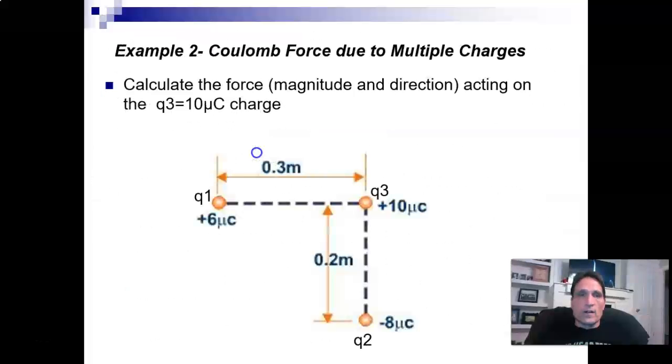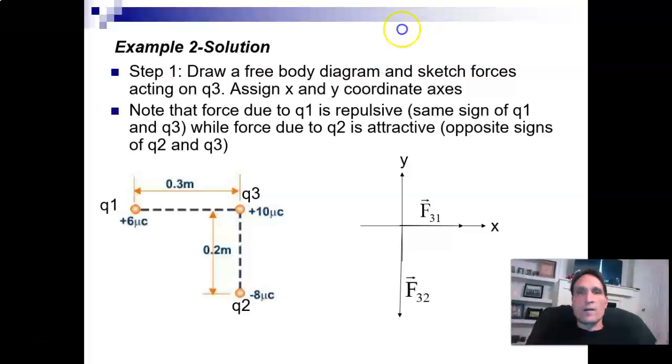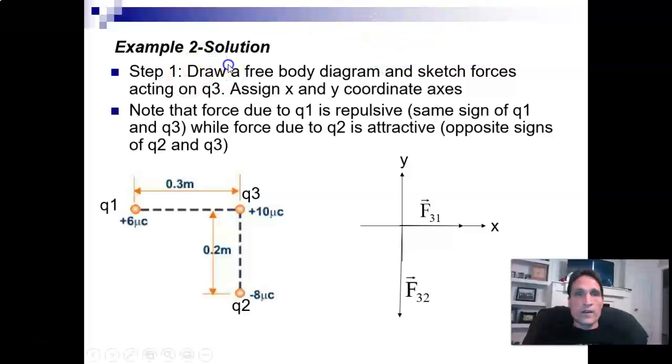Okay, so let's start. The first step is to draw our free body diagram, just like you've done throughout mechanics. So we're going to sketch the forces acting on Q3. Let's look at Q1. Q1 and Q3 are going to be repelled. They're both positive. The force is along the line between them, but it's going to be repulsion, so it's going to point to the right.